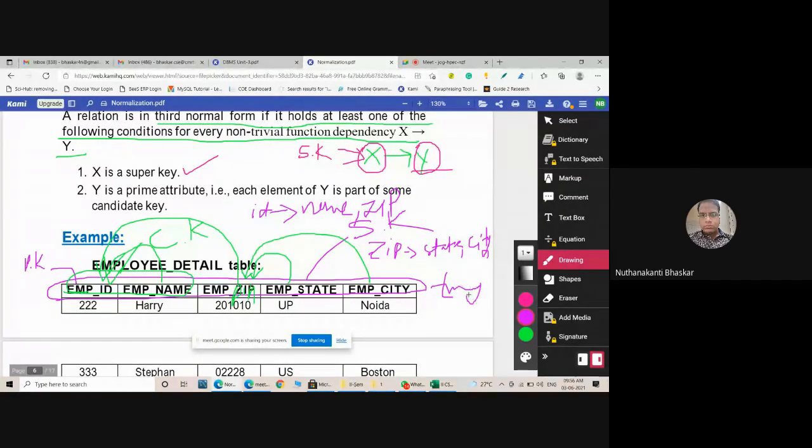Now, as per the third normal form, a transitive dependency is not allowed in the relation. So we need to decompose the relation into two relations. One is ID, name, zip, and the other is zip, state, city. Understand? Yes, sir. Before that, you need to check first normal form.